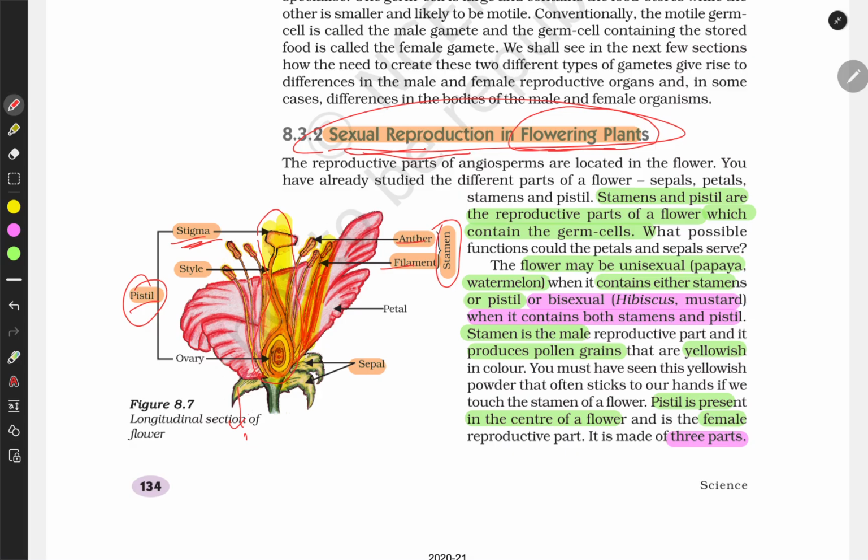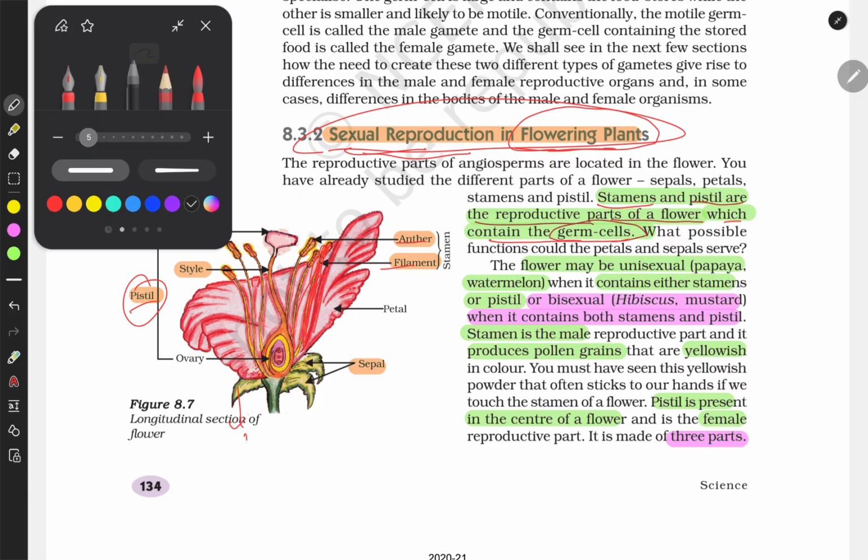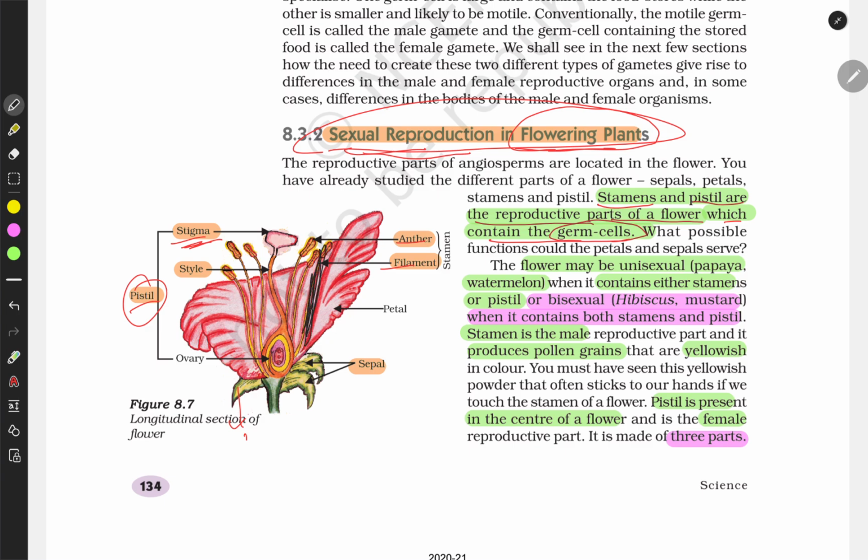Let's study. The stamen and the pistil are the reproductive parts of a flower which contain germ cells. So where is the stamen? This is the stamen. This one. And let me change the color. So this is the stamen, and the pistil.